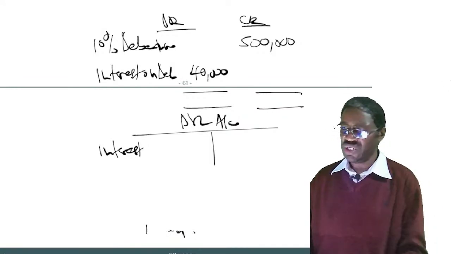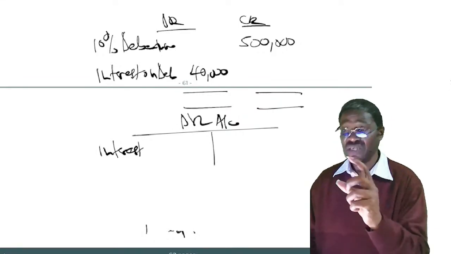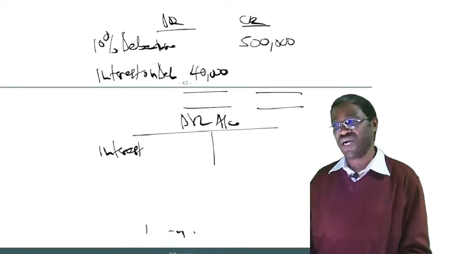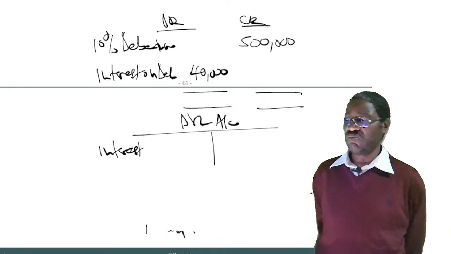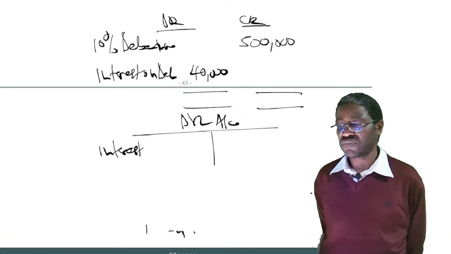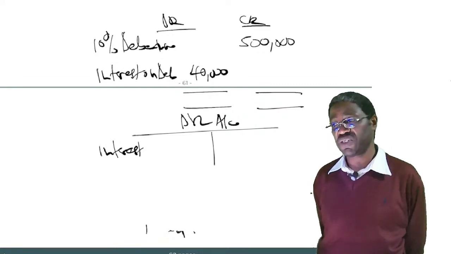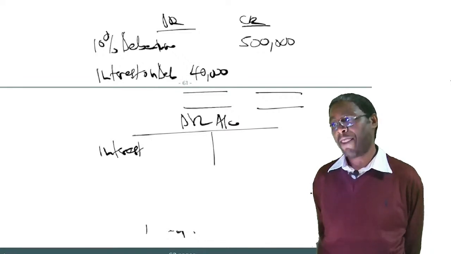So the question is, how much would you take to the P&L account as the interest? You chart and give me the answer. I have used simple figures so that you don't bother a lot. How much were you charging in the income statement?